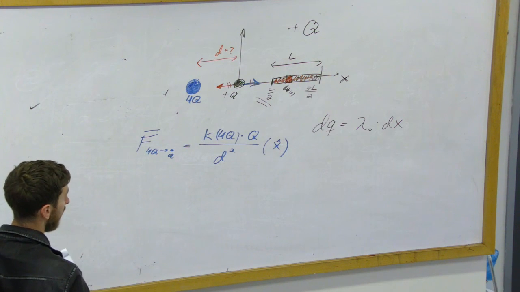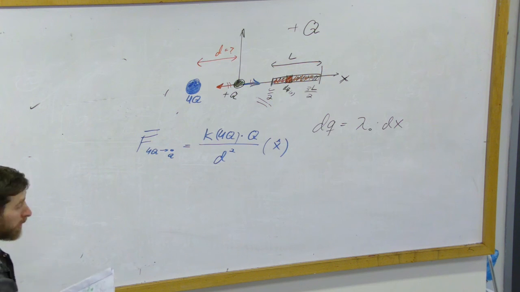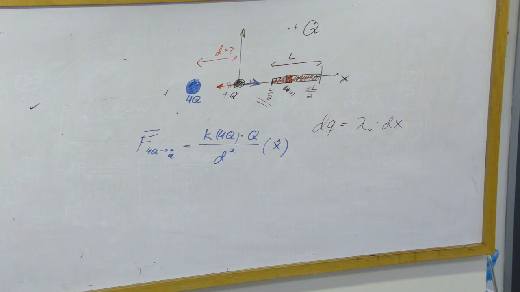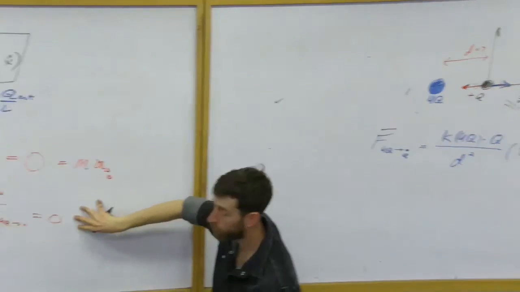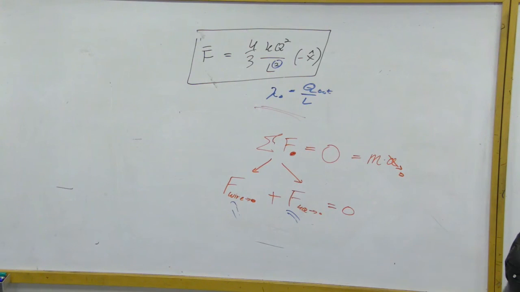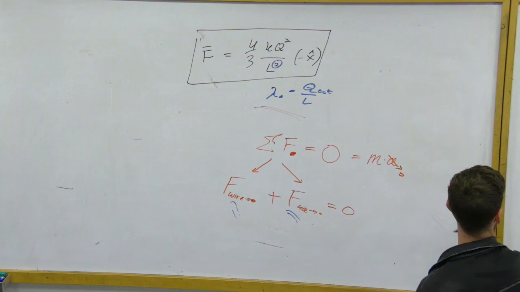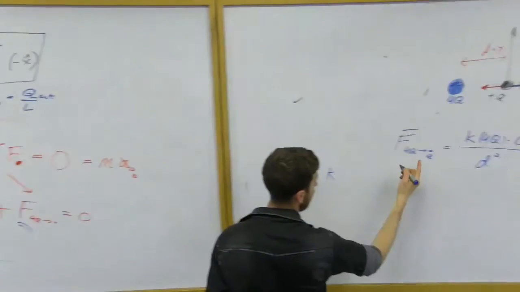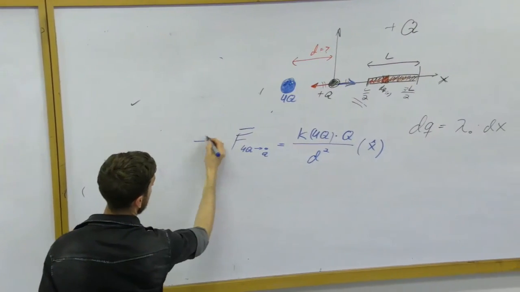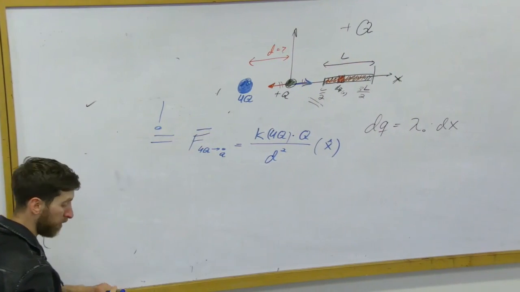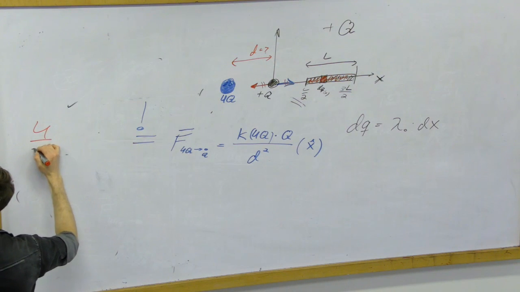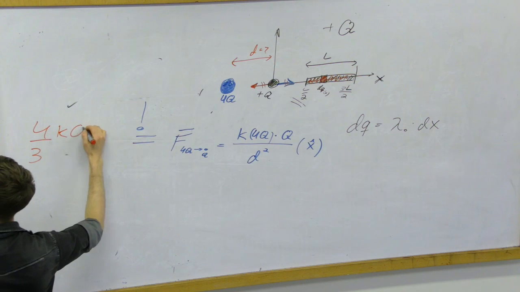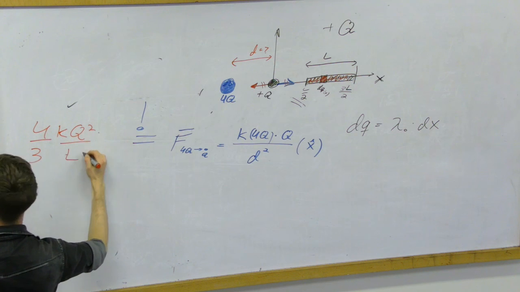We need to say that they are equal to each other. What happened actually? This one is positive, this one is negative, so I take it to the other side and it changes its sign to positive, so I can compare between them. This one must be equal to the red wire force, which is 4 over 3, K, Q squared, over L squared.